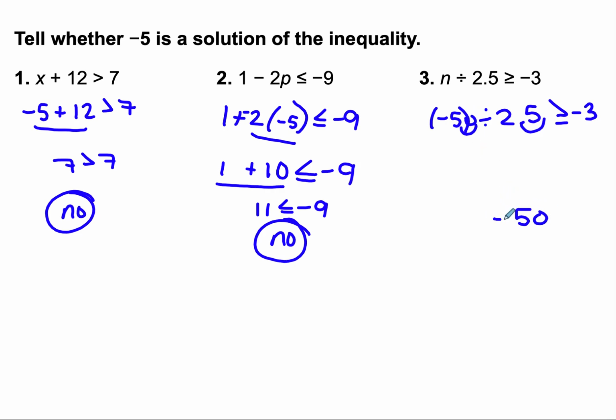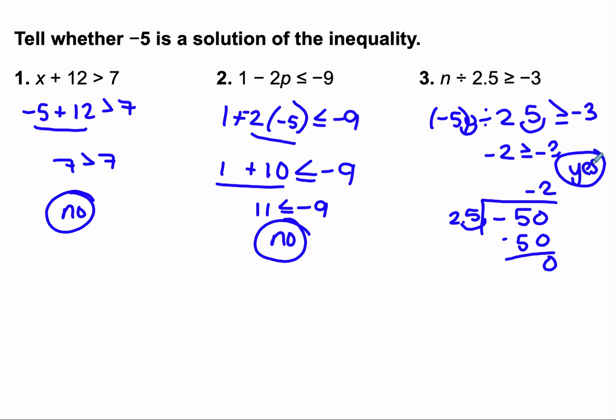So now it's really like negative 50 divided by 25. 25 goes into 50 2 times. 2 times 25 is 50. I have different signs, so my answer is going to be a negative. Negative 2 is greater than or equal to negative 3. Yes, that is true. Negative 2 is closer to 0 if you're comparing two negatives. The one that's closer to 0 has a greater value.